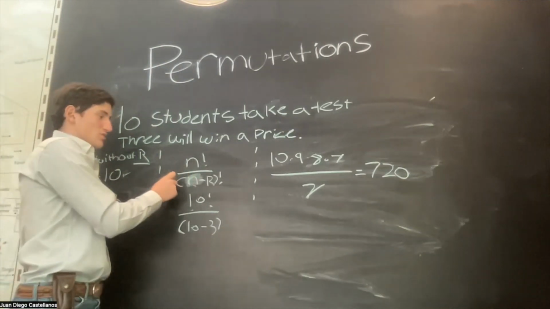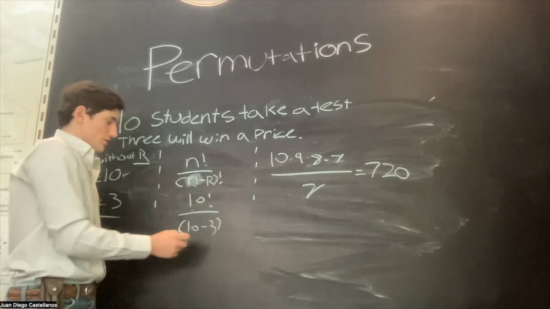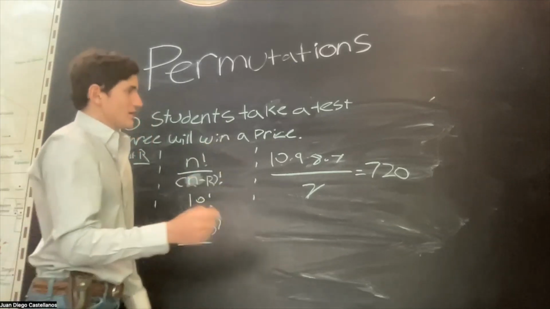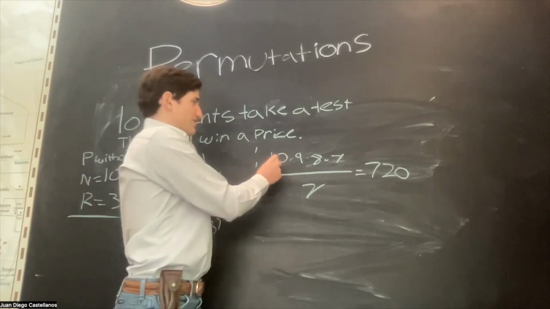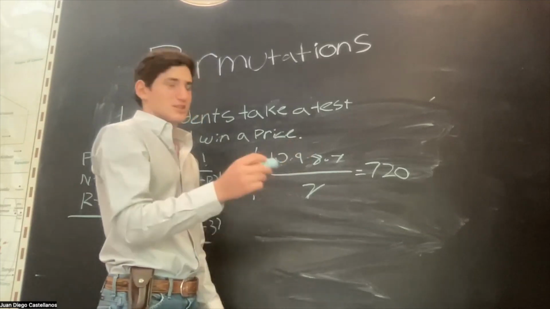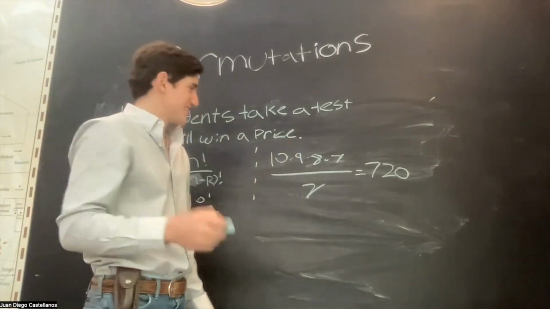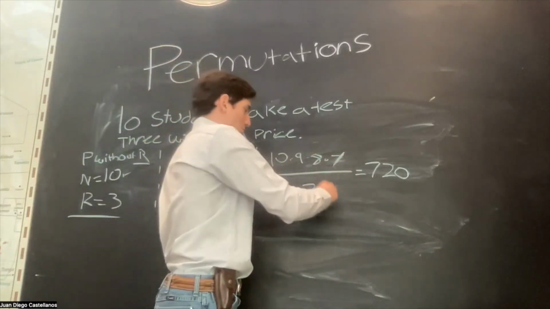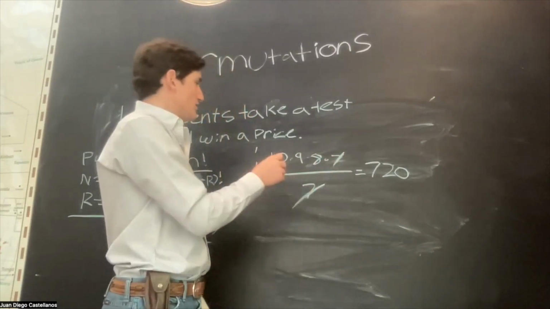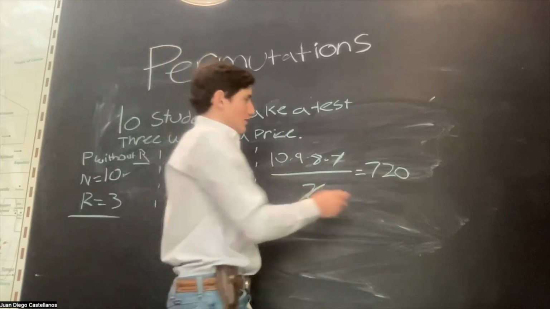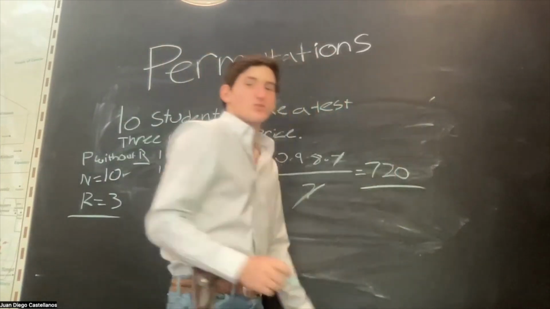Then using the permutations formula, we're going to plug in all the values, and we're going to multiply from 10 to 7, because it has an exclamation point. So when we get to 7, we eliminate both 7s on the top and in the bottom, and the total answer is going to be 720.